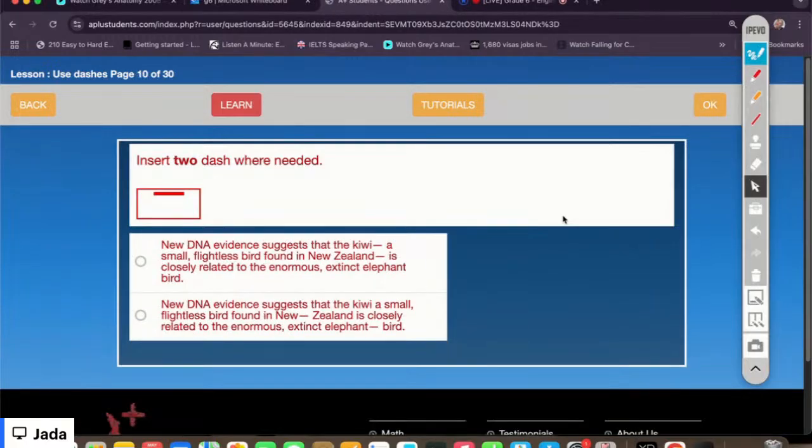New DNA evidence suggests that the kiwi, a small, flightless bird found in New Zealand, is closely related to the enormous extinct elephant bird. First or second?